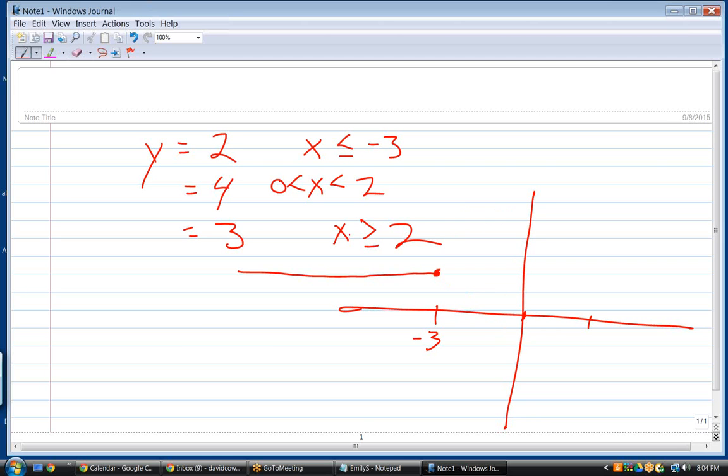Okay, the next interval goes from 0 to 2. So it's this interval right here. And what is y equal to in that interval? 4. And is it closed or open dots? It is open on both ends, at 0 and at 2.